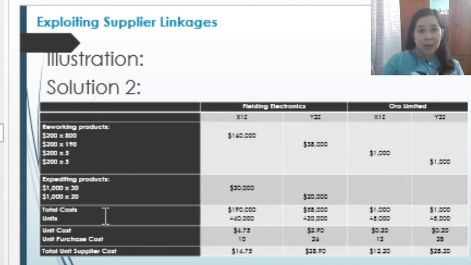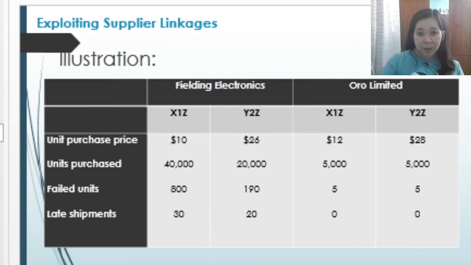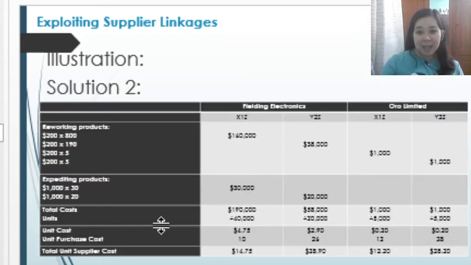Okay, and then after that we just add these costs, and then we divide it by the total number of units. So we have here the unit cost, and then we will multiply it with the unit purchase price.